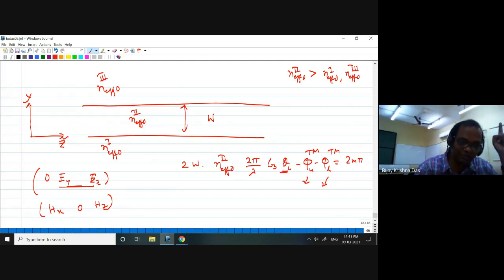And from those theta I solutions, what will you be getting? N effective 0, 0, N effective 0, 1, N effective 0, 2, N effective 0, 3, and so on. Can you recognize why I am using this type of indices?